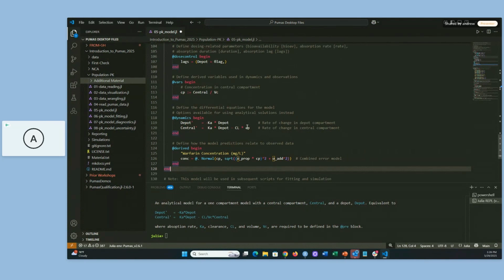And I know that is quite a lot to go through. But when you are reading NONMEM publications, having an understanding of the individual nomenclature, so that idea around fixed, random, and residual variability, is really important.